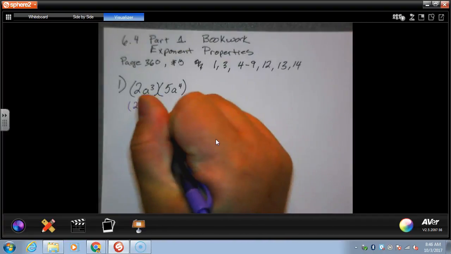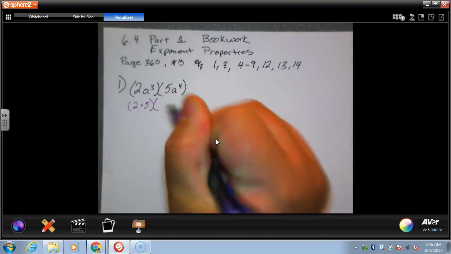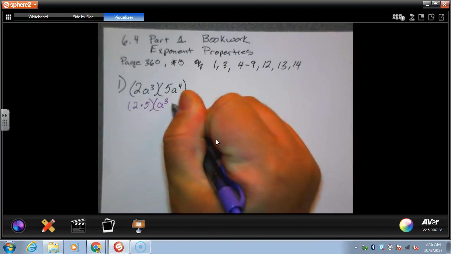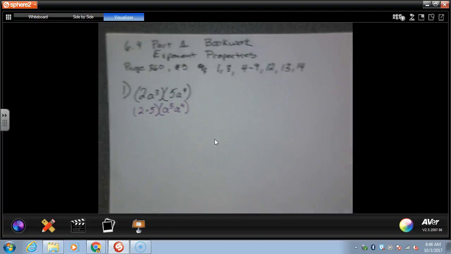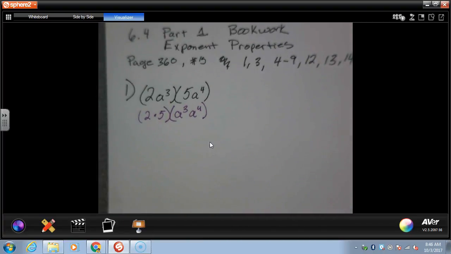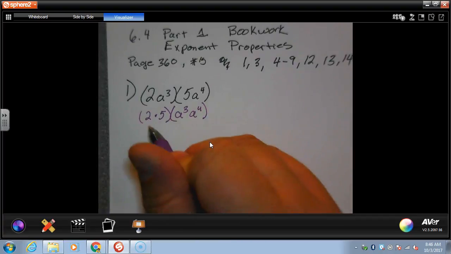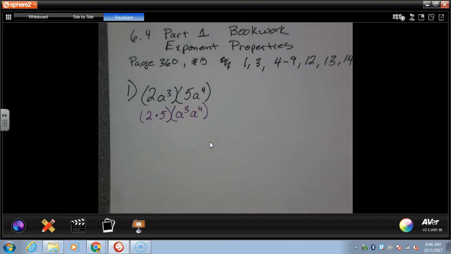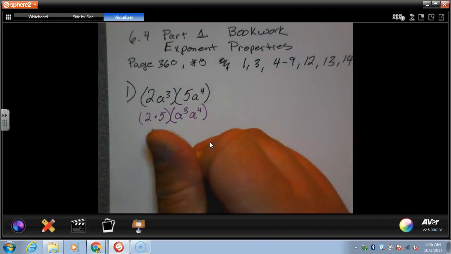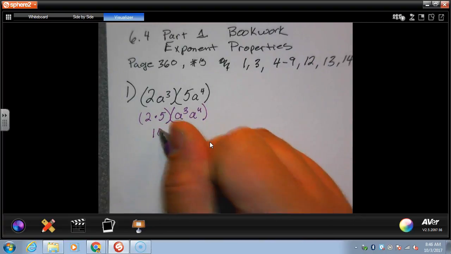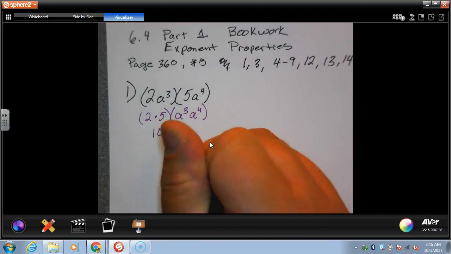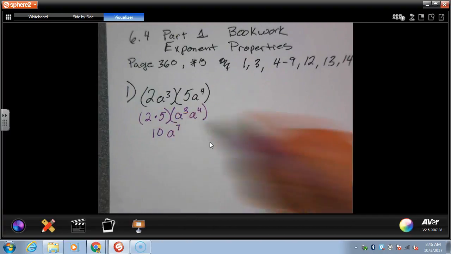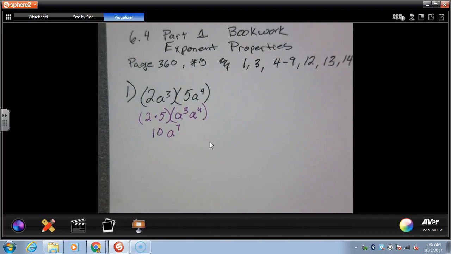I can group the 2 and the 5, and I can group the a's. And if I had any other variables, I can group those together also. This makes it just a little bit easier because now I can clearly see what I have to do. 2 times 5 is 10. And when I have the same base, I do what to the exponents? That's right, add. So I get 10a to the 7.